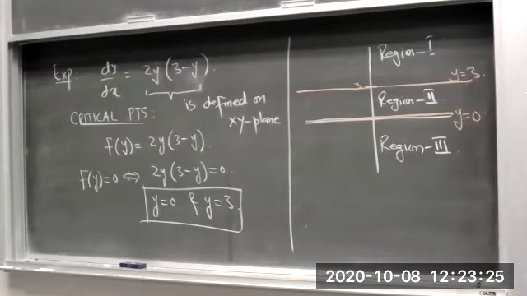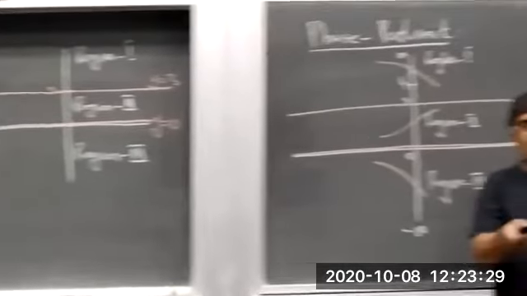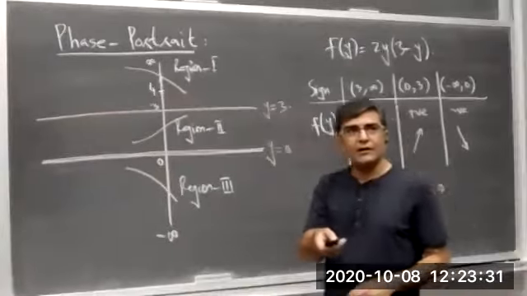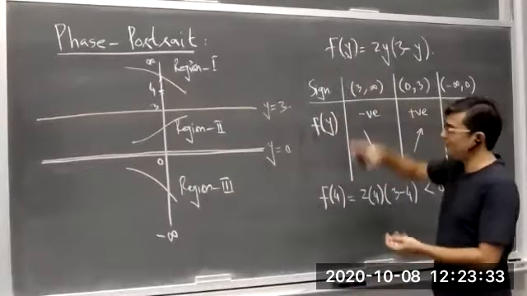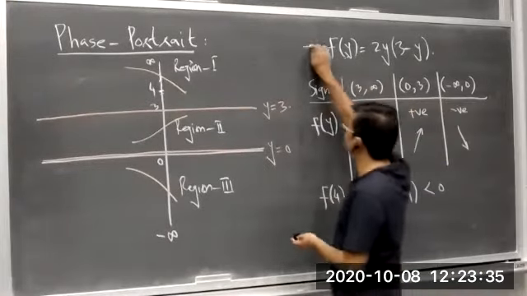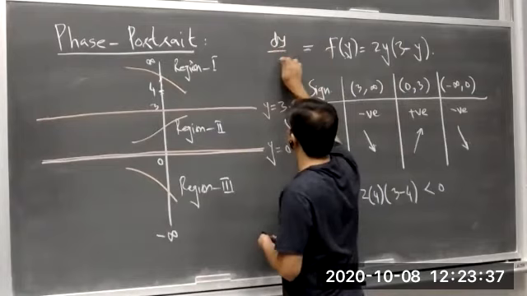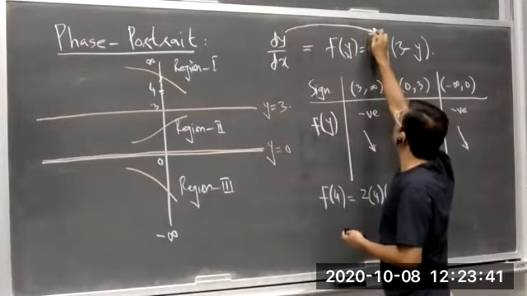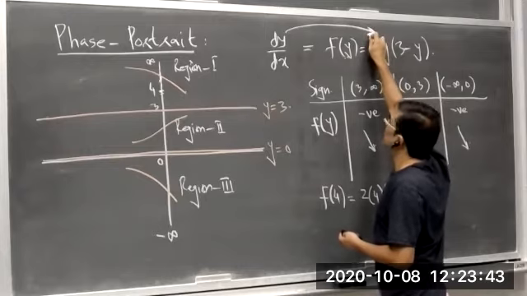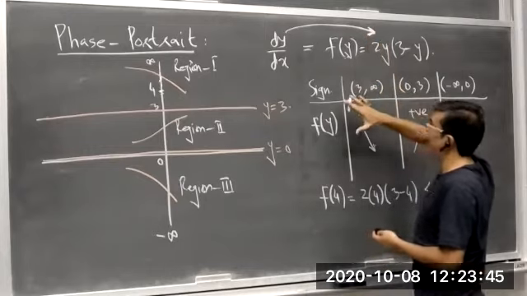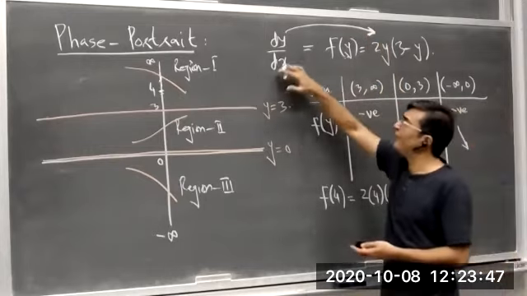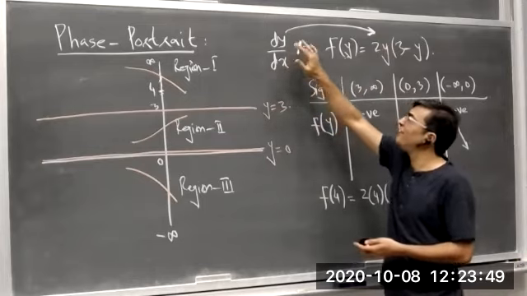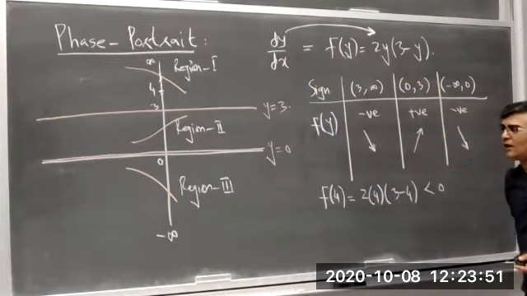So this function f of y is basically your dy by dx. Actually, what are you doing? You are trying to display information about dy by dx, because dy by dx is equal to this.